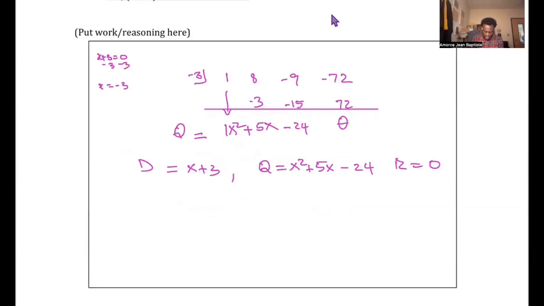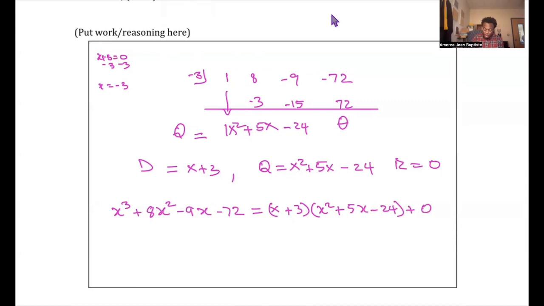So x cubed plus 8x squared minus 9x minus 72 over x plus 3 is, well, we need to write this equals divisor, that is x plus 3, times quotient, that is x squared plus 5x minus 24, plus remainder, that is 0.